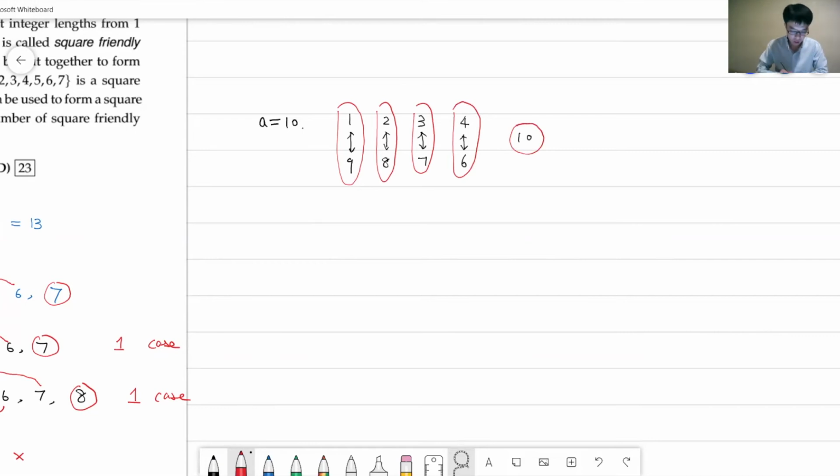And we have a number that's not used, which is 5 here. So if each side has at most 2 sticks, we have these 5 ways. So 5 choose 4 equals 5 cases.